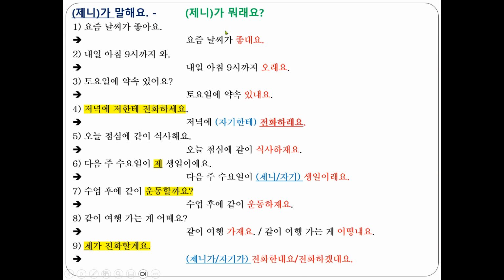So when you use indirect quotation, again you have to decide the type of the sentence, whether it is a question or a statement, and then you have to be careful about 저. The word 저 in the original sentence should be changed appropriately in indirect quotation, to 자기 or 제니.